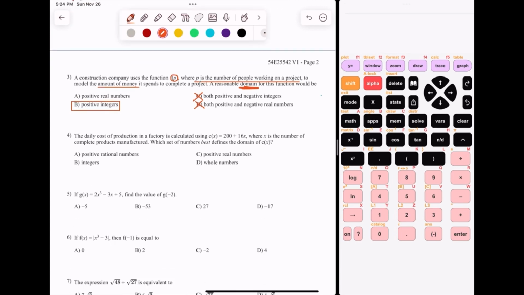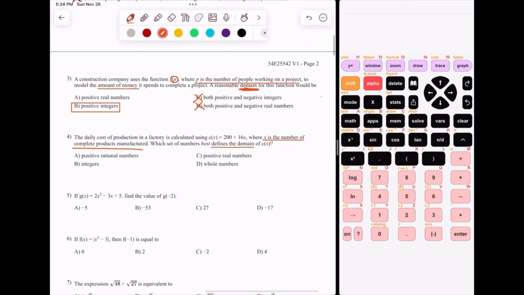The daily cost of production in a factory is calculated using C of x equals 200 plus 16x, where x is the number of complete products manufactured. Which set best defines the domain? Domain would be the number we put in, which here is x. x is the number of complete products manufactured. Well, if we completed them, they have to be a whole number.